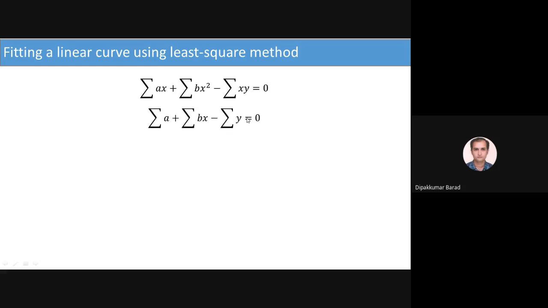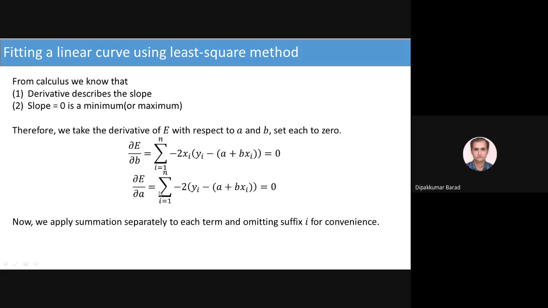Now in a similar manner for the second equation, I get summation a. If you look at the second equation, again I will cancel out this 2 and multiply it with minus, then minus yi, minus plus here. So if I apply the individual summation, then I get summation a plus summation bxi minus summation yi.